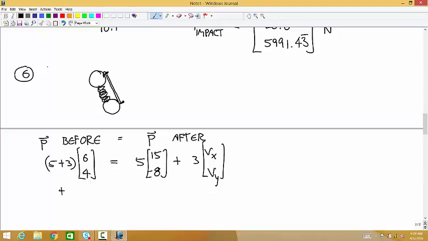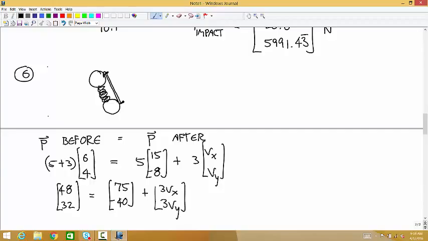So you get 48, 32 is equal to 75, negative 40, plus 3vx, 3vy. Okay, so what do you get for vx?